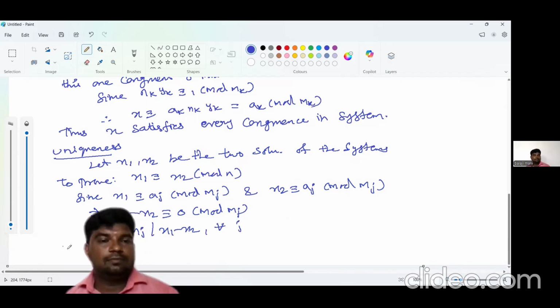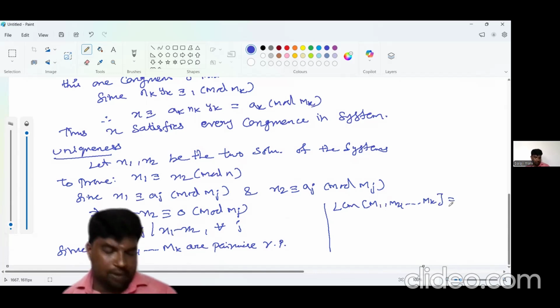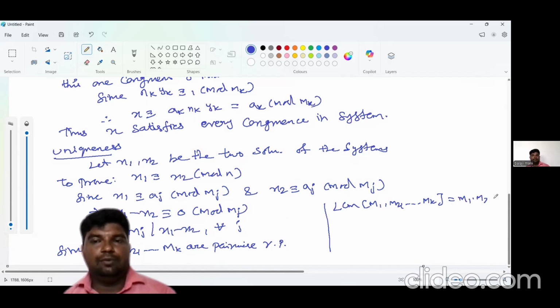Since m1, m2, ..., mk are pairwise relatively prime, the LCM of m1, m2, ..., mk is the product of all the moduli, m1 × m2 × ... × mk, that is n.